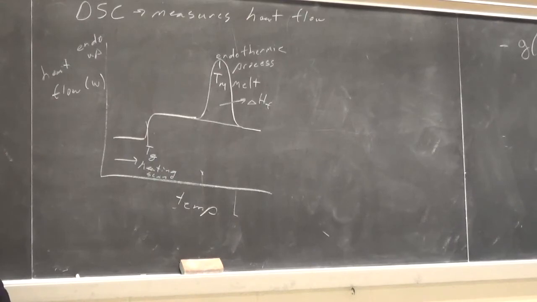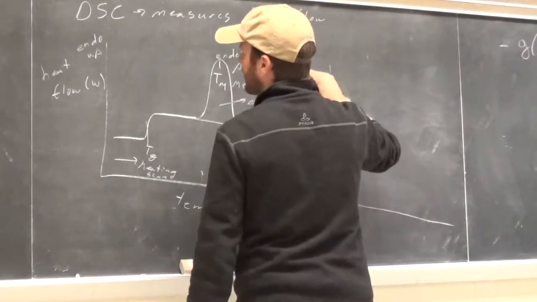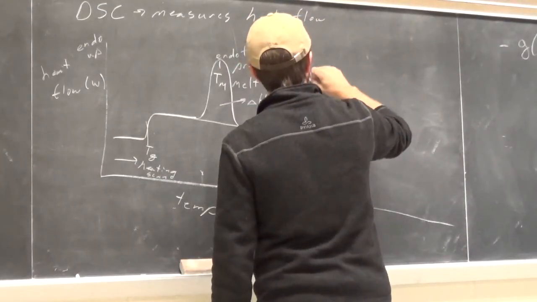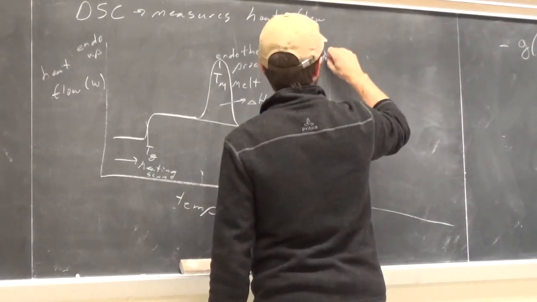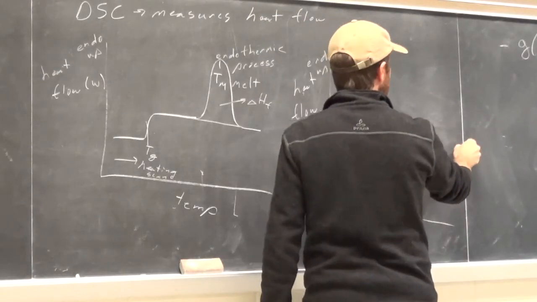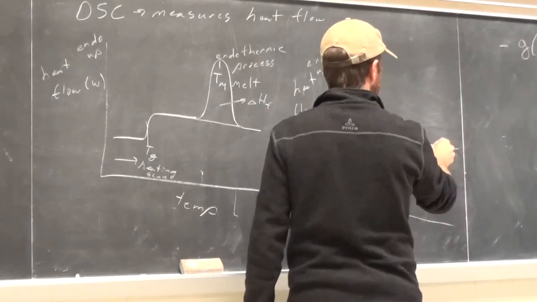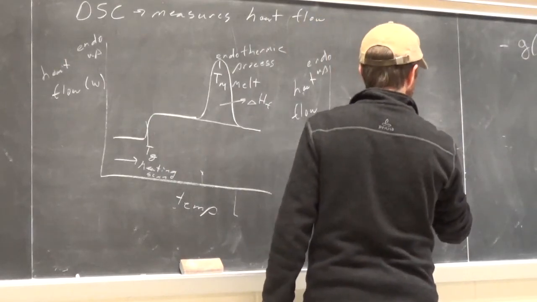What if we see the bottom side peak? So the other way that the DSC can be run is, let's do heat flow. The other way DSC can be run is it can be run from the melt. And so if we do a cooling scan, what we'll see is we'll see a Tc.